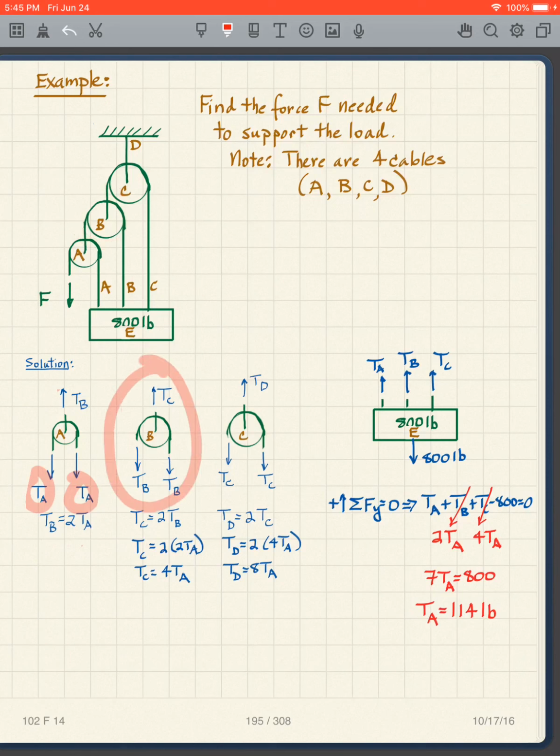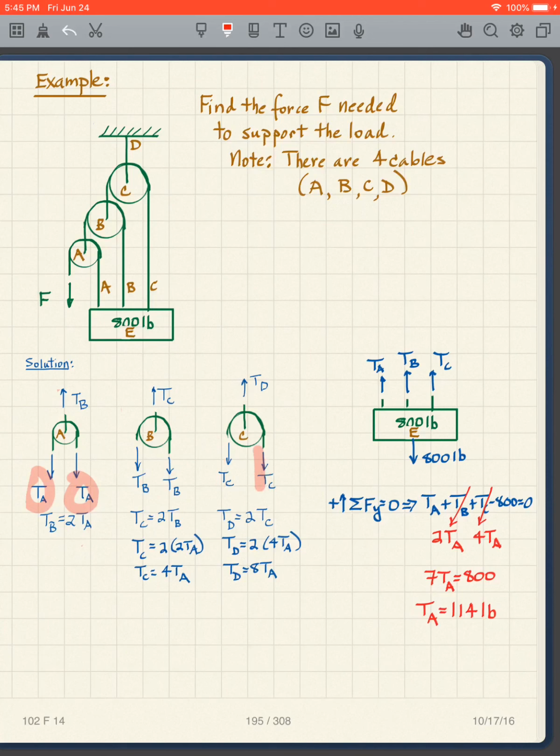It's going to look like that. Well, what does it have? It's got TB going down and then TC going up. And I can do this one, and I have TC going down and TD going up.